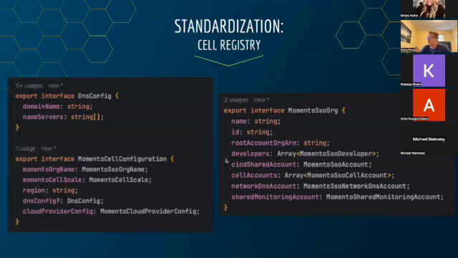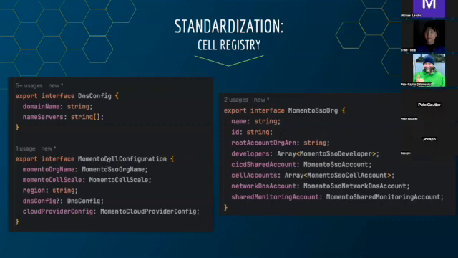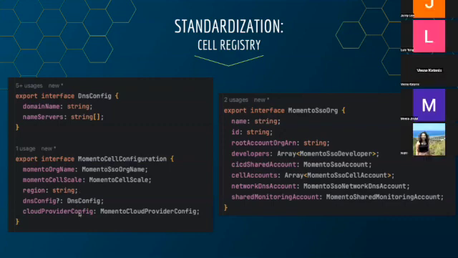So here you can see a handful of TypeScript snippets where we've defined a model for what a cell means to us at Momento. One interface here just has some DNS configuration, and then there's this cell interface on the bottom left. This is the main one where we keep track of each individual cell.